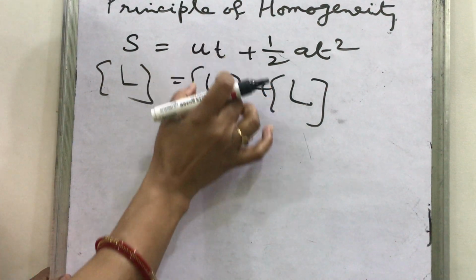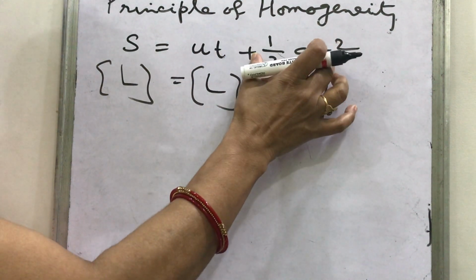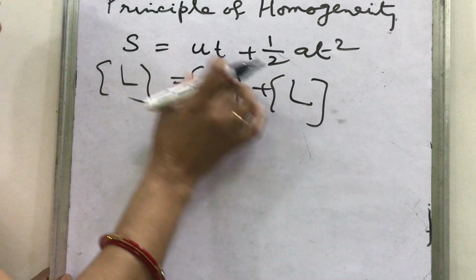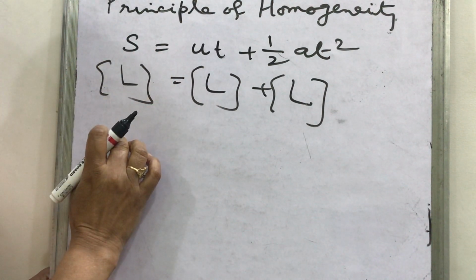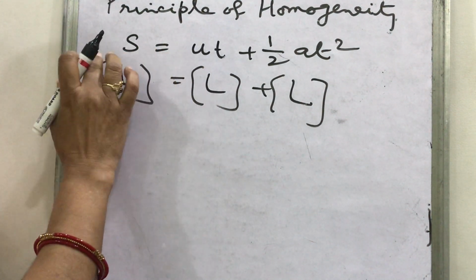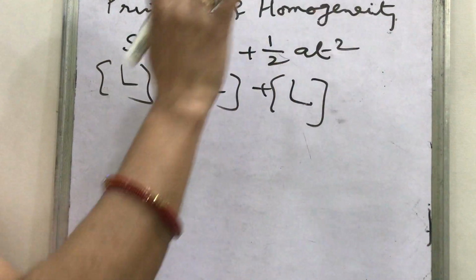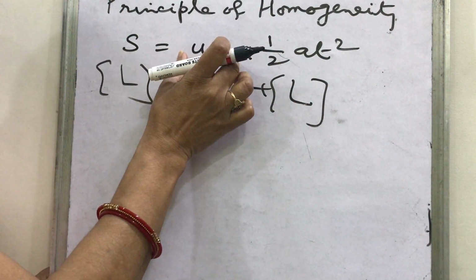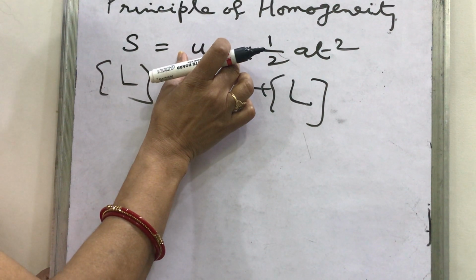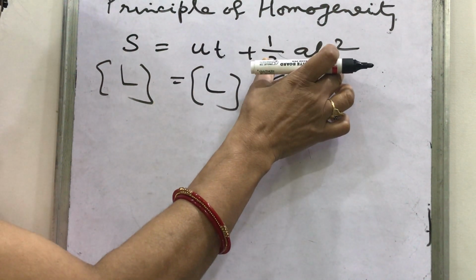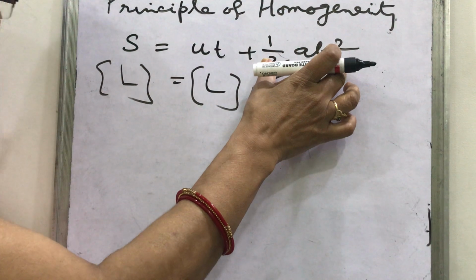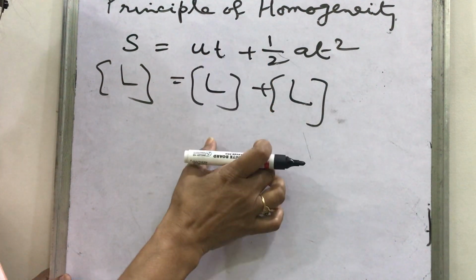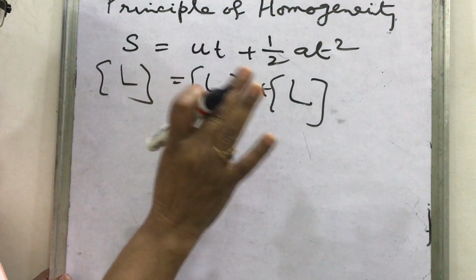Dimension of ut is L, dimension of at square is L, and S is L. For example, you have moved through a certain distance measured in meters. On foot you have gone 10 meters. By bus you have covered 100 meters. So meter and meter doesn't mean 2 meter. You will write the unit.